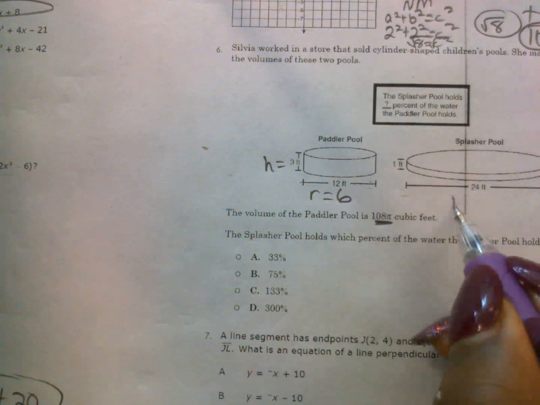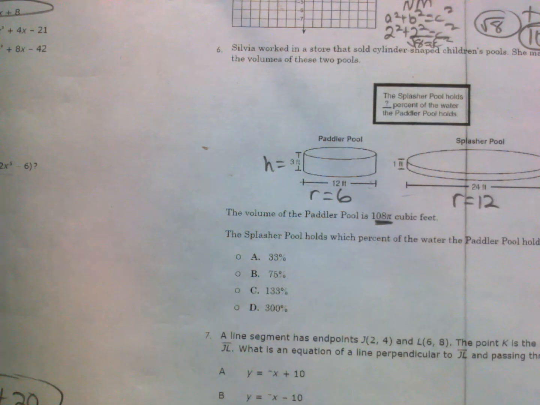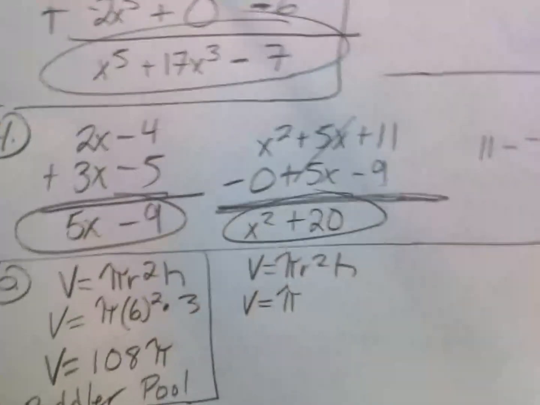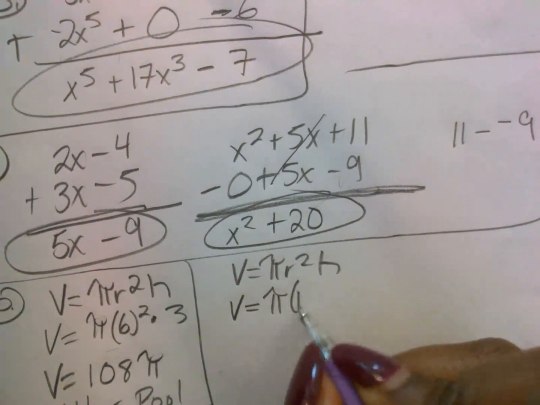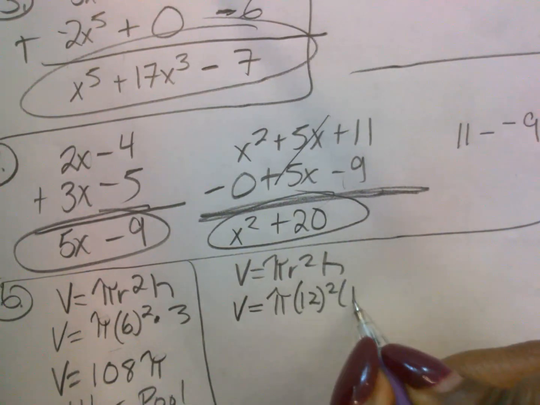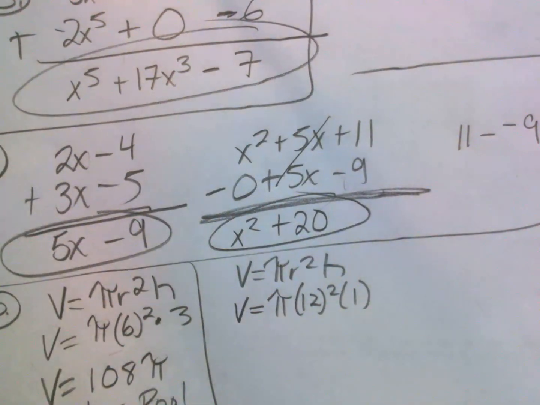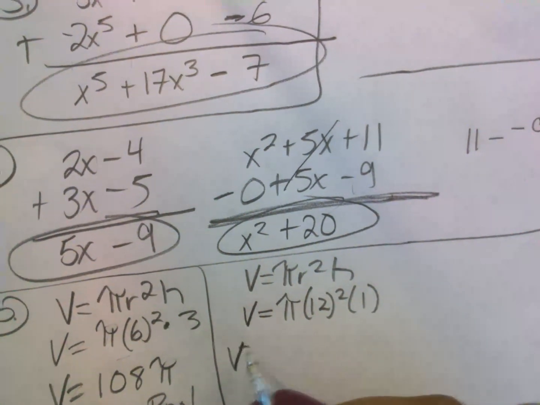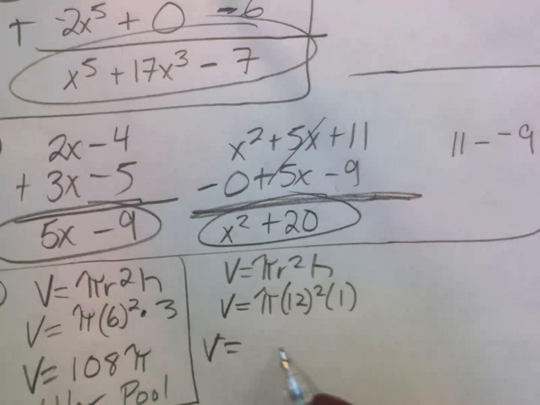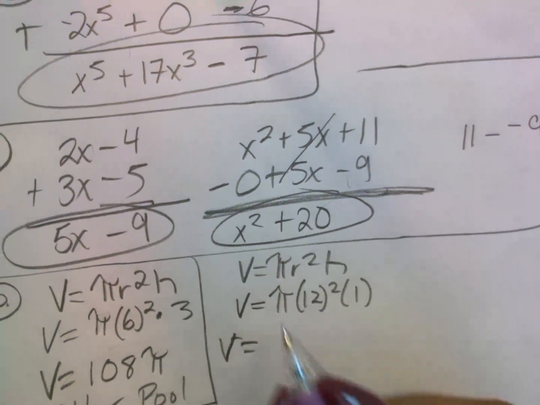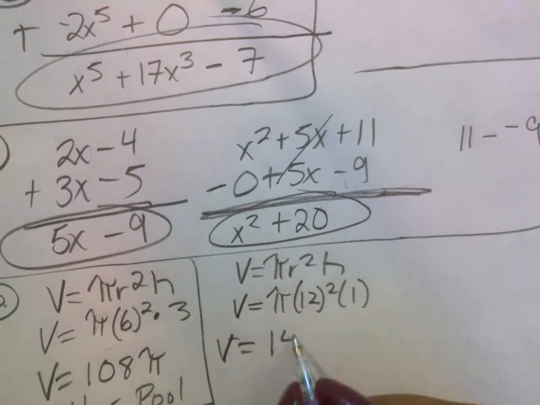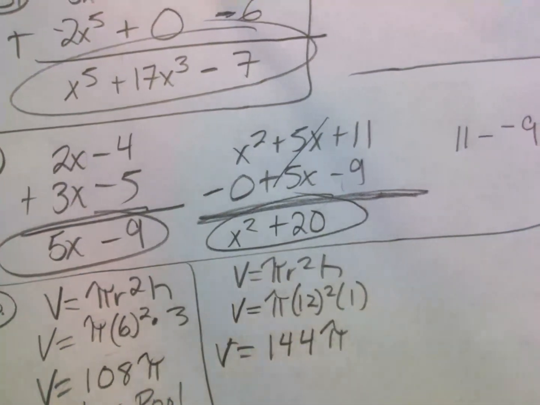This is the diameter, so the radius is equal to 12. Okay. And the height is 1 foot. So we got radius 12 squared times 1. What's 12 squared? 144 times 1 is 144. So it's 144 pi. Okay.